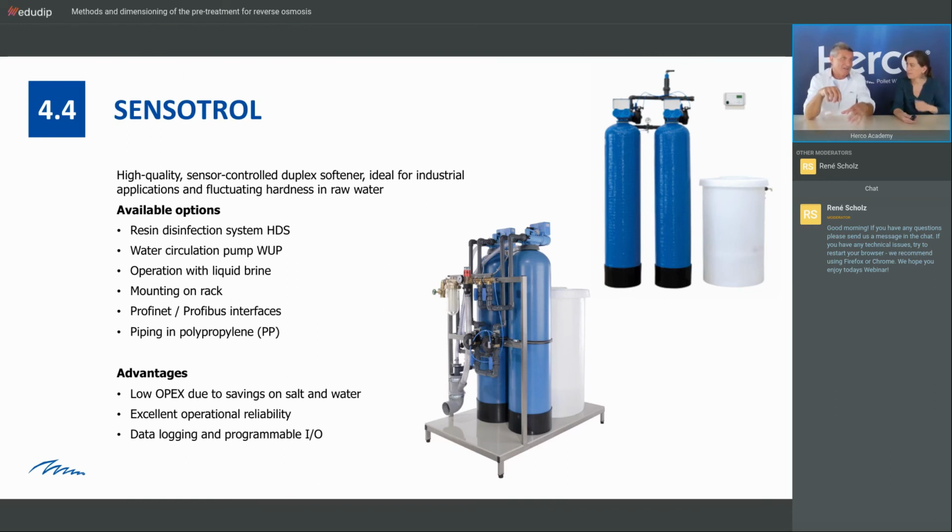It measures the possibility that the breakthrough can come, by a sensor inside the resin, and tells you the right time to regenerate this softener. Exactly. The advantage is you know exactly when the resin is spent. So you can save a lot of salt because you don't need to put in safety measures.